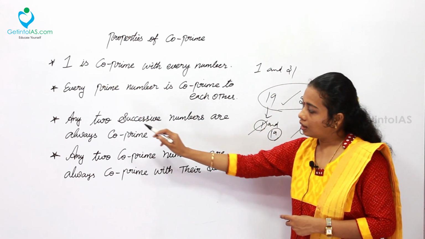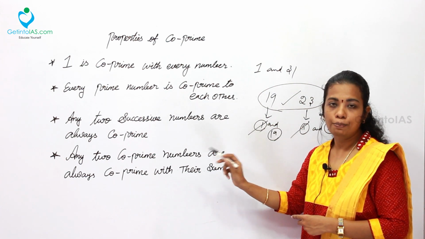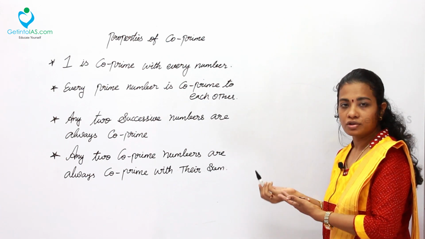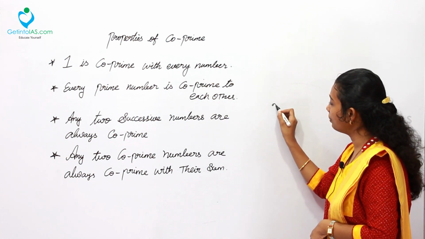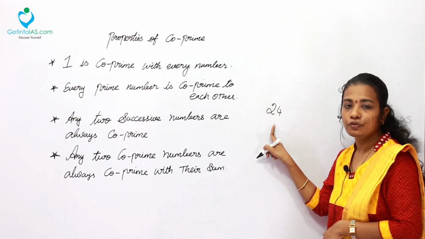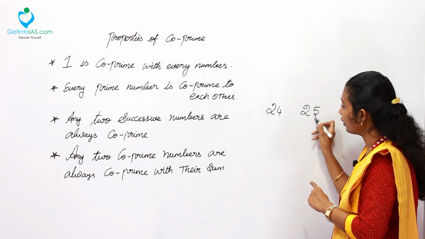The next thing: any two successive numbers are always co-prime. Successive means the next number. For example, if I take 24 as one of the numbers, the next number is 25.